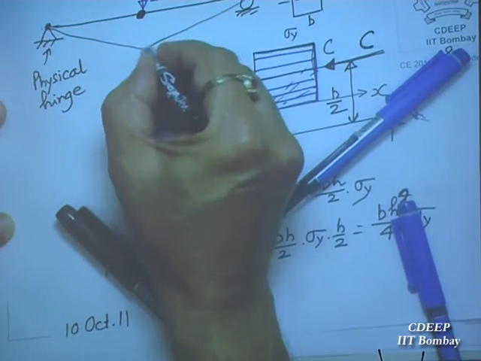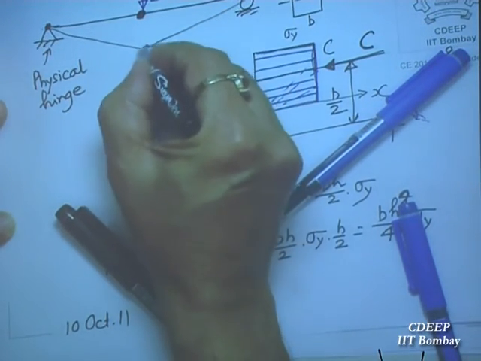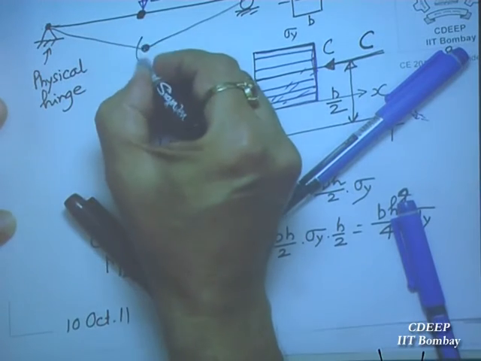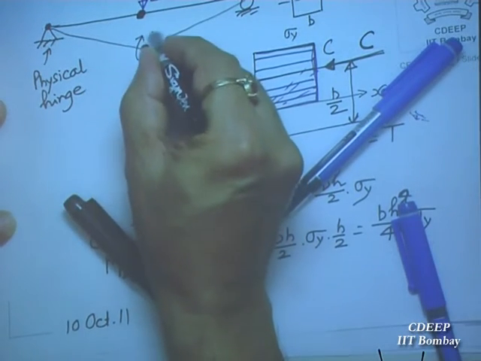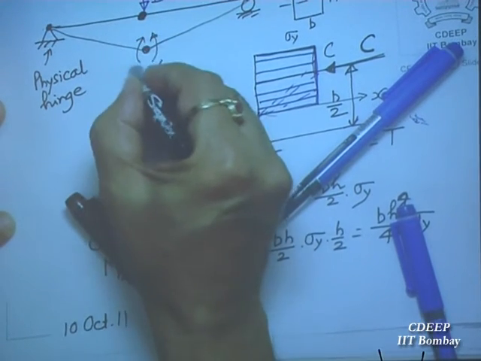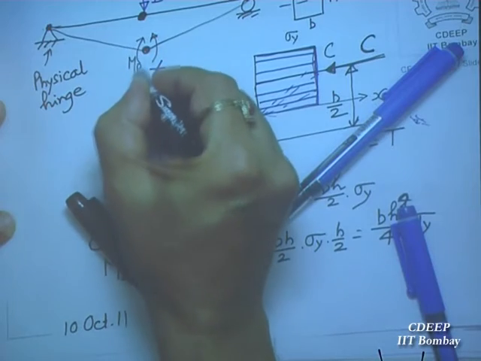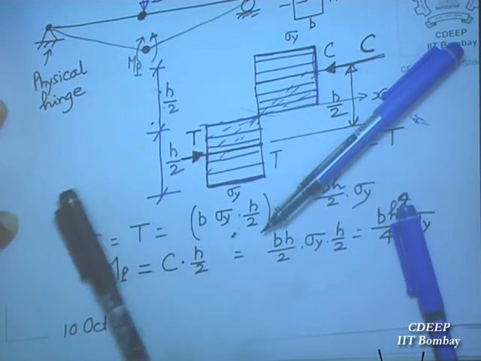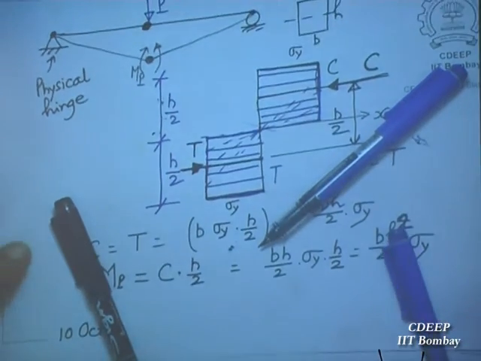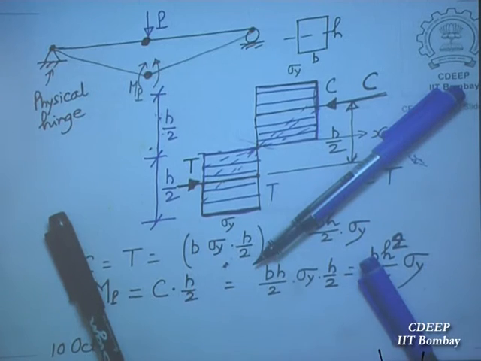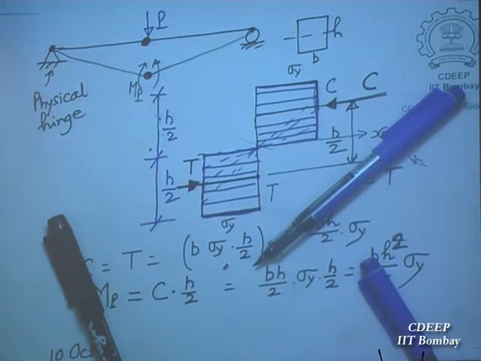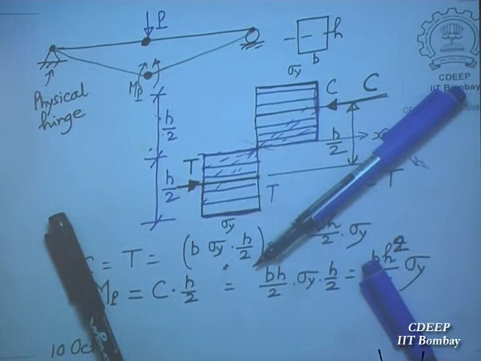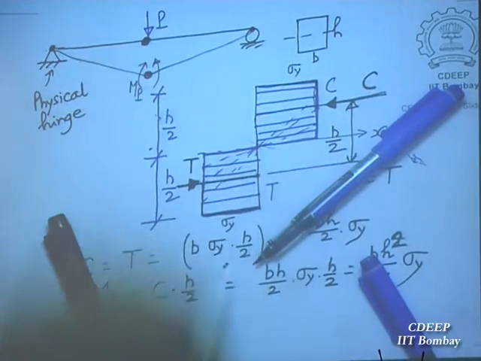So this point you have, when it becomes like this, we say that the beam has failed, and this is the ultimate load capacity of the beam, and you have here MP acting, and this MP is acting on this hinge. Okay, so this is the condition when it has failed.